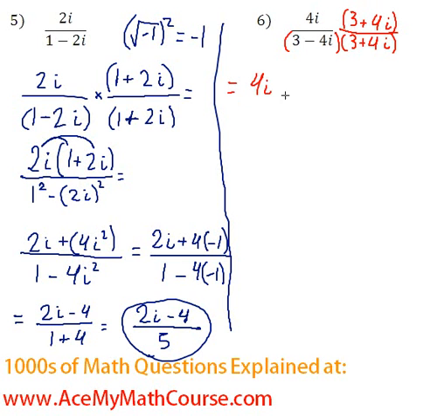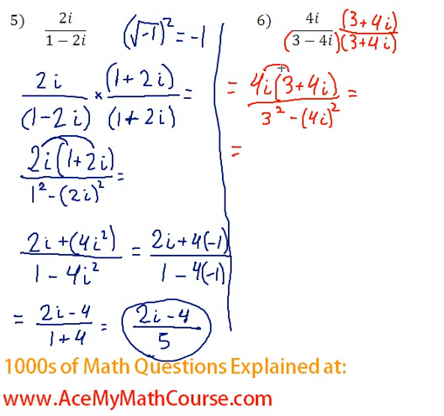We have 4i times 3 plus 4i all over. Now 3 minus 4i times 3 plus 4i, that's just going to be 3 squared minus 4i squared. Or actually, I messed that up, didn't I? It's going to be 4i squared, like that.